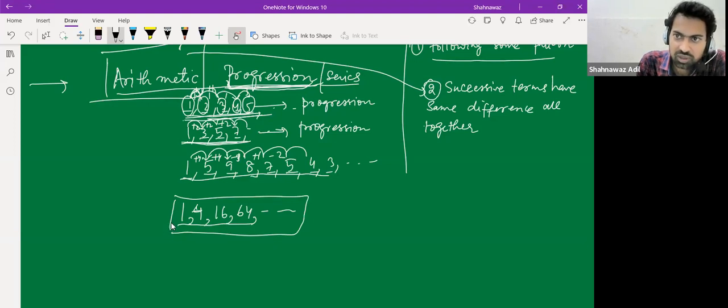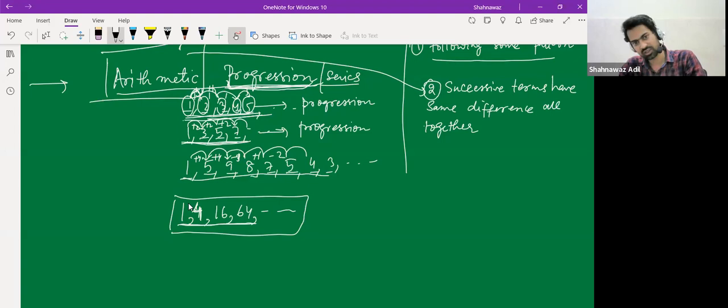So are these terms following some pattern? Let me give you a hint: find a value whose product is giving the next or the successive term.